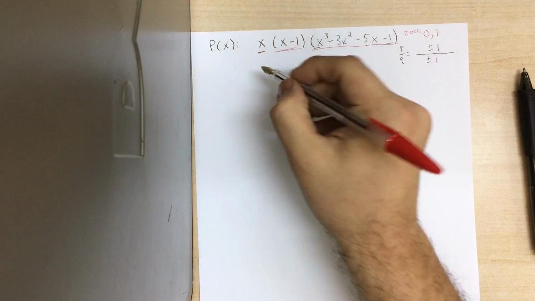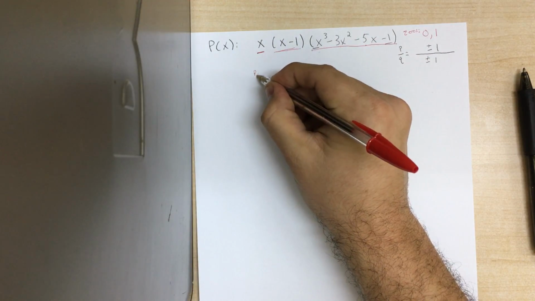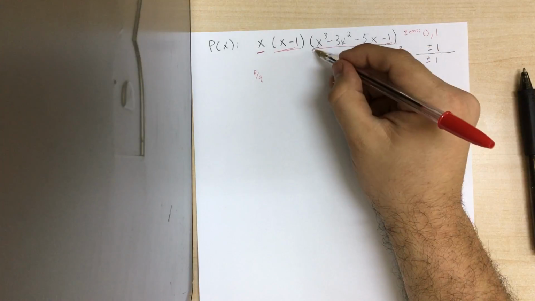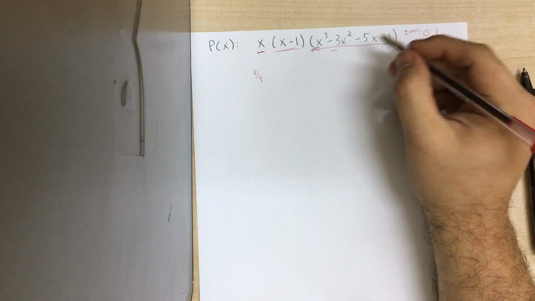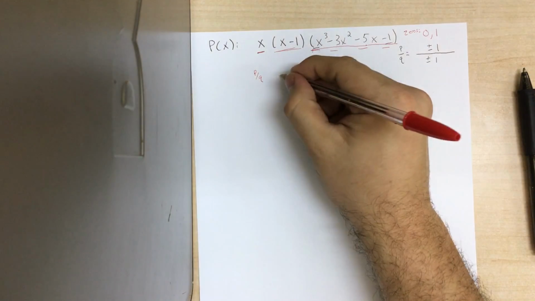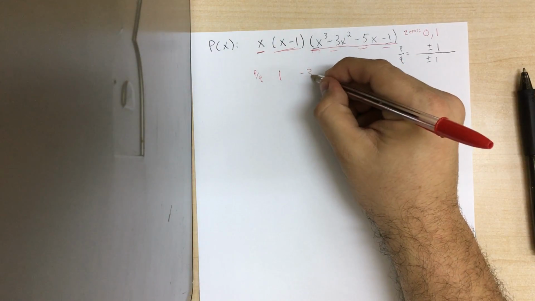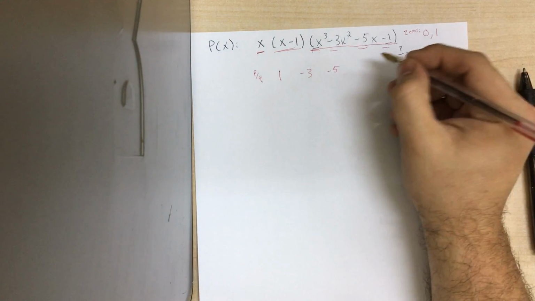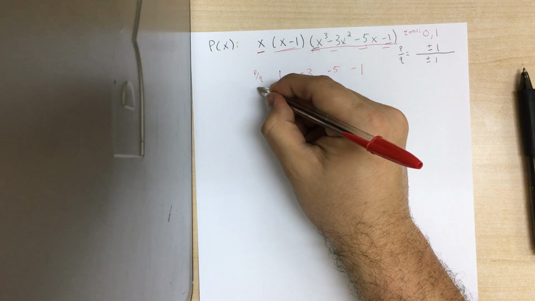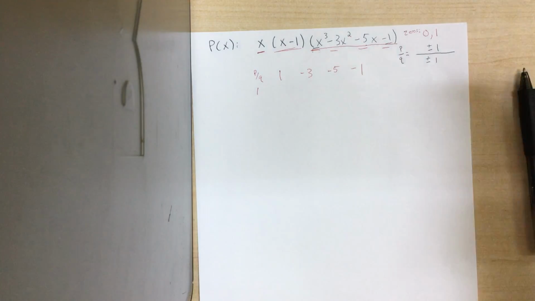I'll write in red again. So p over q. Our coefficients in descending order are 1, -3, -5, and -1. So let's test out the root 1 first.